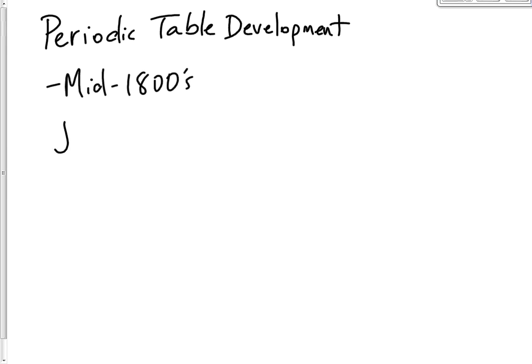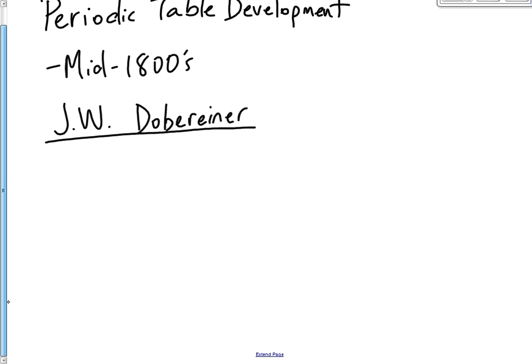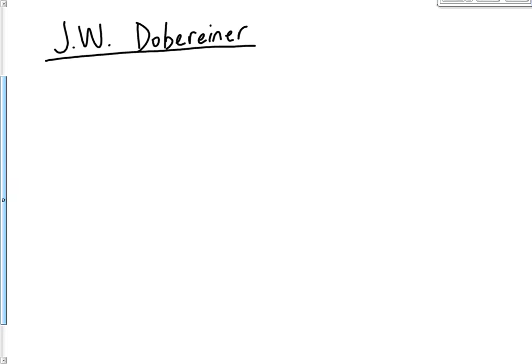And the first person we're going to talk about is J.W. Dobereiner. All right. And what he did was move that up just a little bit. Okay. He found that elements could be classified into sets of three.